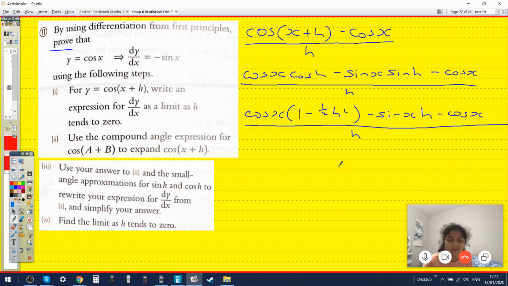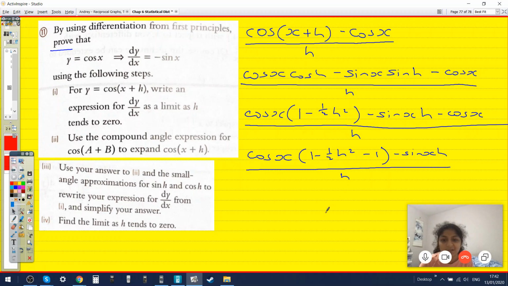Maybe we should have done that in the beginning, but okay. So cos x in brackets 1 minus half h squared minus 1, minus sine x h. So you could just cancel out both the ones.